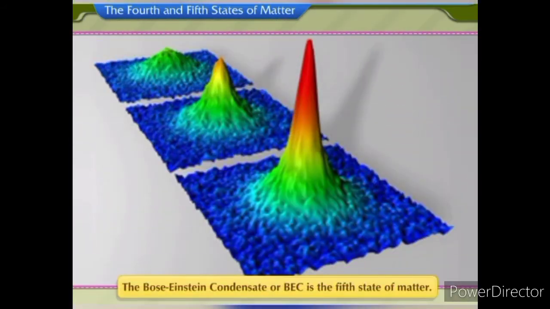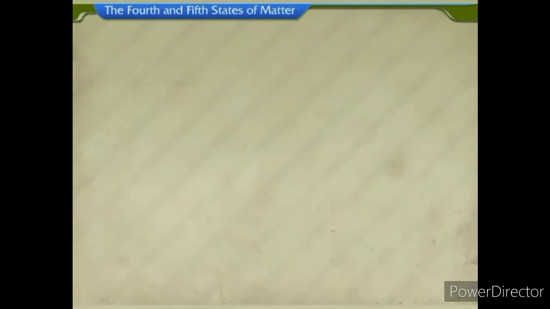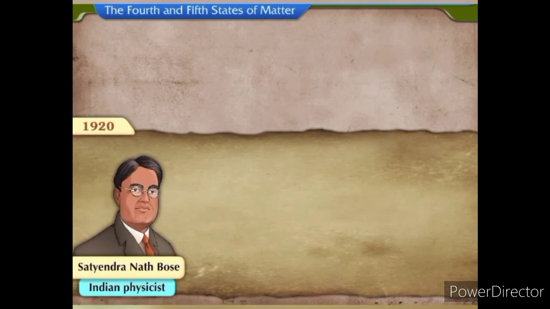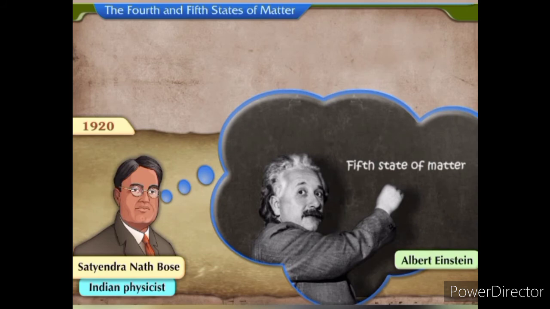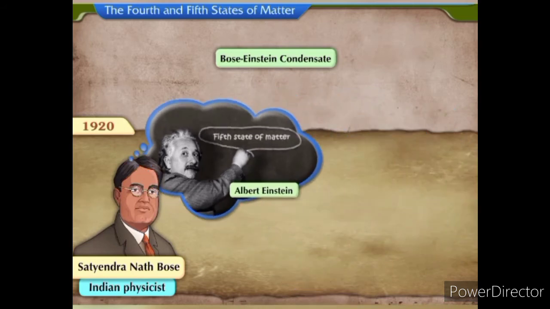The Bose-Einstein condensate, or BEC, is the 5th state of matter. In 1920, Indian physicist Satyendra Nath Bose made a study regarding the 5th state of matter. Based on his study, Albert Einstein predicted a 5th state of matter called the Bose-Einstein condensate.